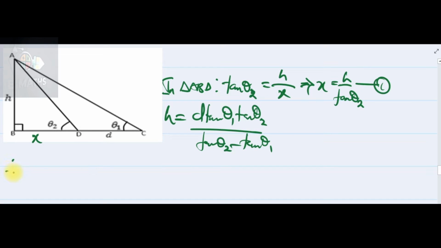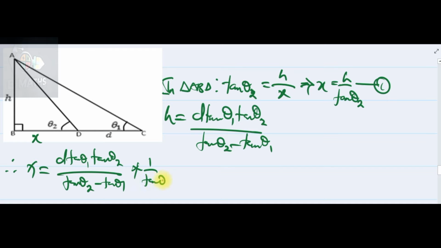So we say therefore x is now h, which is d tan theta 1 tan theta 2 over tan theta 2 minus tan theta 1, divided by tan theta 2, so times 1 over tan theta 2.